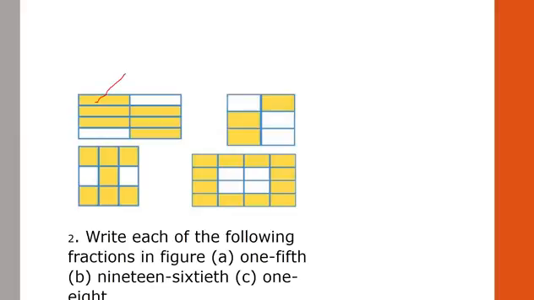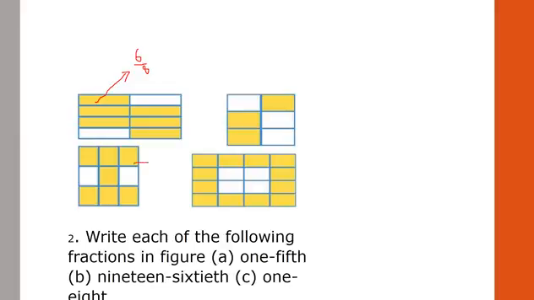The total of the shapes is 1 2 3 4 5 6 7 8. The shaded portion is 1 2 3 4 5 6. So it simply means 6 over 8. The shaded portion is 6, the whole entire shape is 8.